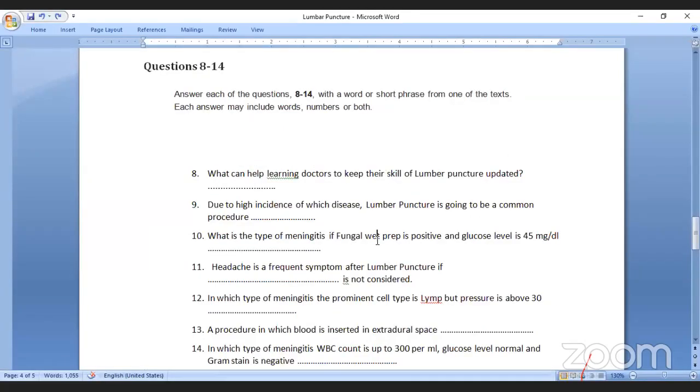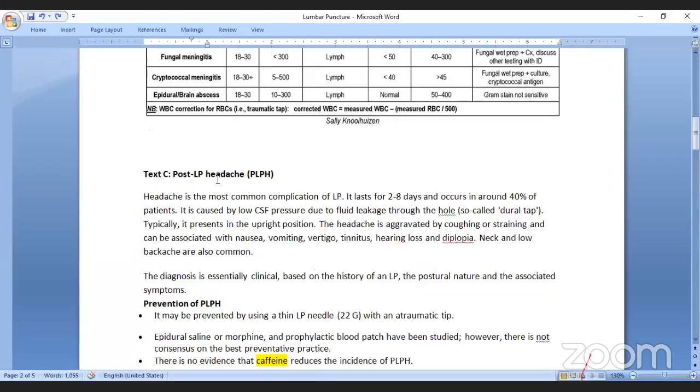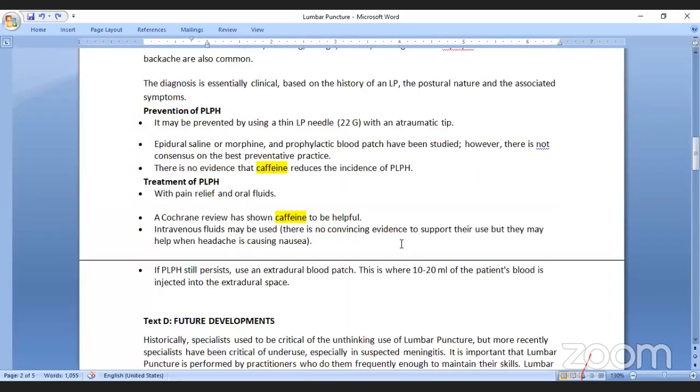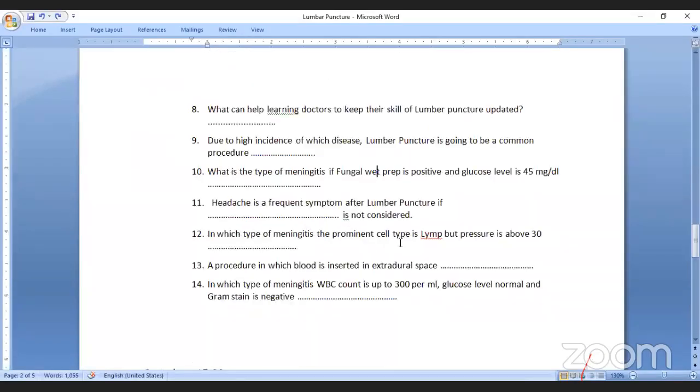You will spend time reading text C and then text A. So what you need to do is quickly skim and scan text C to see whether you can find the keywords. If not, go to text A and quickly find the answer. This is what I want to teach you.